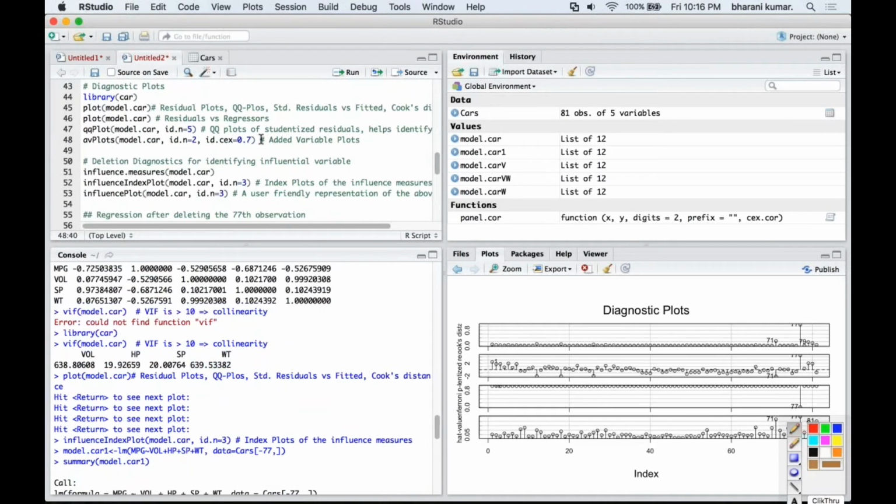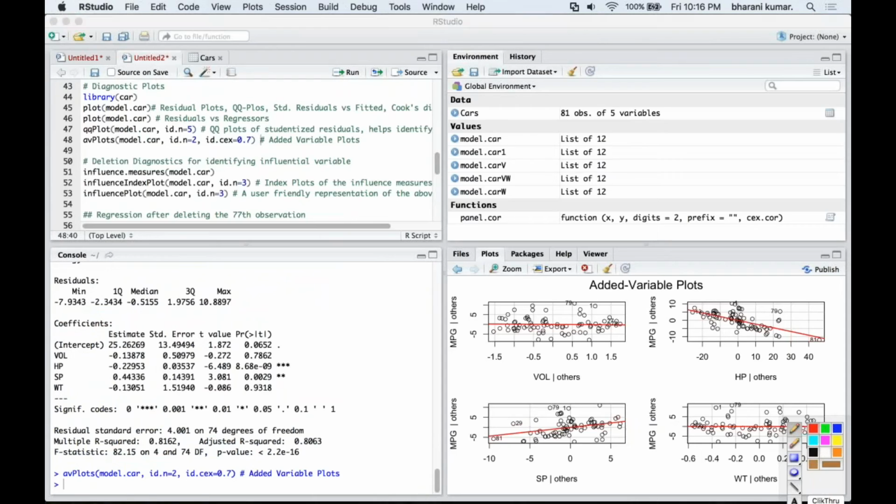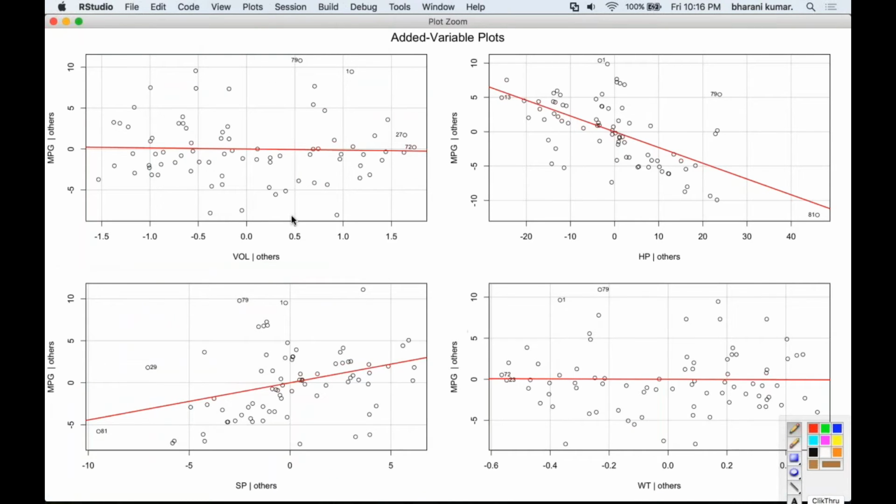However, let me do the added variable plot. Now look at this plot. We are trying to plot miles given the other values and volume given the other values. If I do it for miles per gallon and horsepower, and miles per gallon and top speed of the car, I clearly know that there is a clear influence of top speed on miles per gallon and horsepower on miles per gallon.